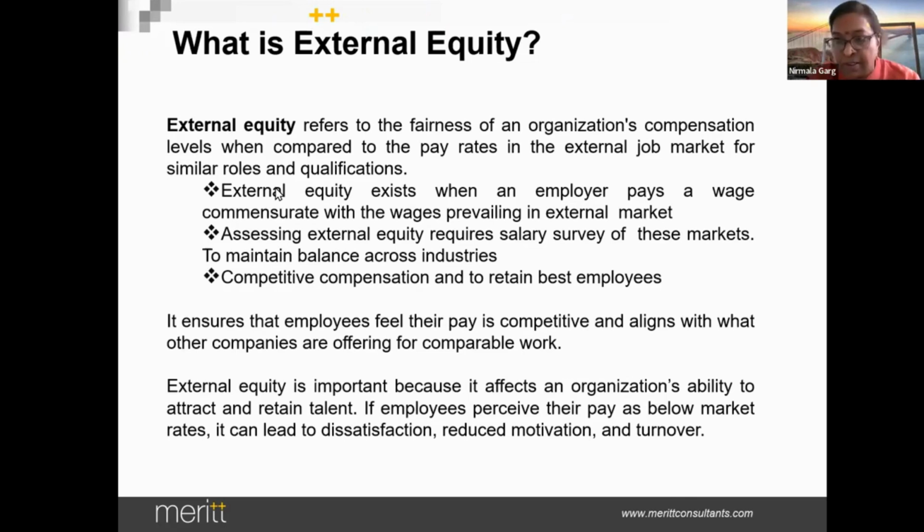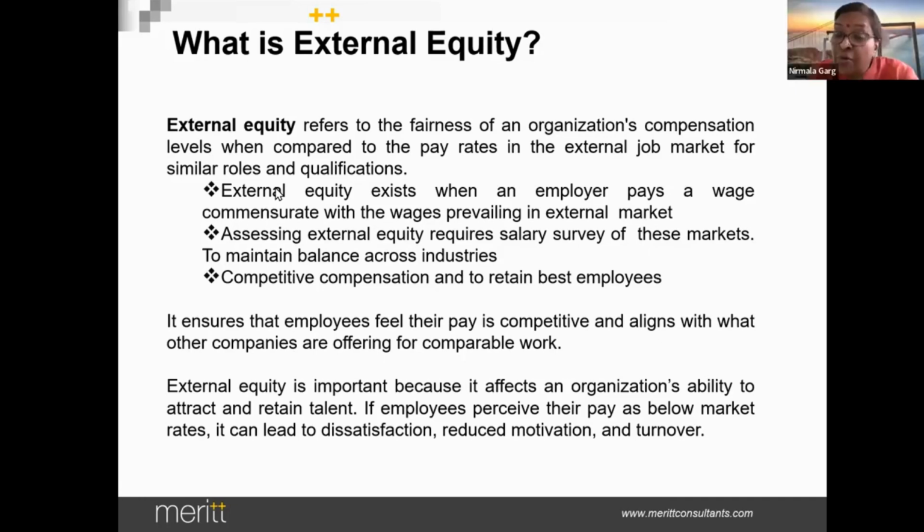So you will definitely collect base salary. What is the organization paying as a fixed salary, guaranteed pay? You will also look at all the components which we talked about. You will look at what kind of incentives they are paying. That is variable pay. You will look at what kind of allowances and benefits they are paying.